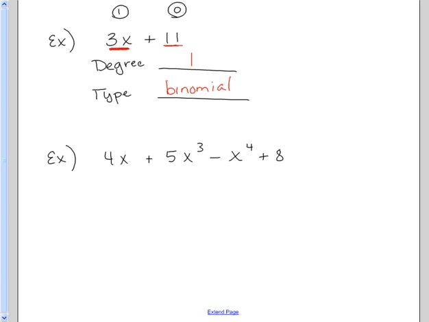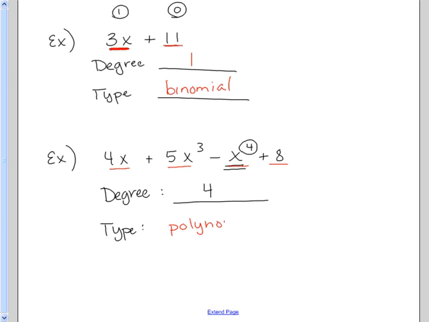What is my highest degree term? It would be this negative x to the 4th, has the highest exponent, so we say this is of degree 4, and the type, okay, again it has 4 separate terms, so we say this is just a polynomial. It does not have a special name.